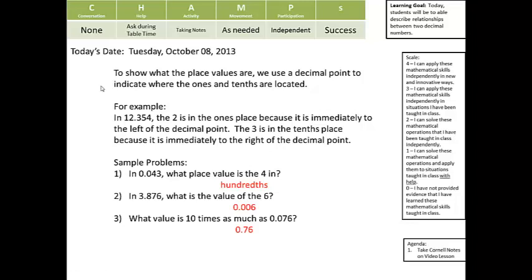And so our answer is 0.76. Sorry, we do want to make sure we put that 0 in the ones place. So 0.76, or we can call that 76 hundredths. It's 10 times larger than 76 thousandths.